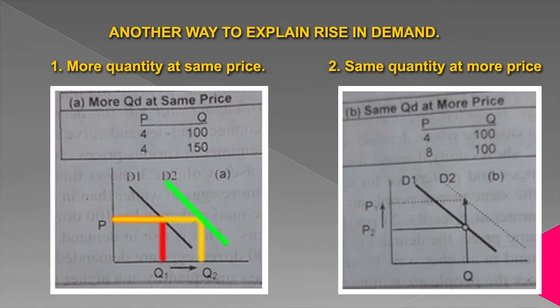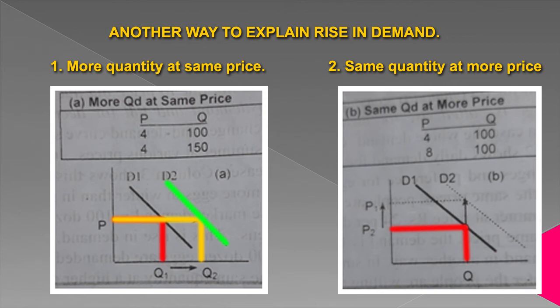In the table you can see price is 4, quantity demanded is 100. Price increases to 8, quantity demanded remains the same. Here you can see price is 4, quantity demanded is Q, or according to the table we can say quantity demanded is 100.